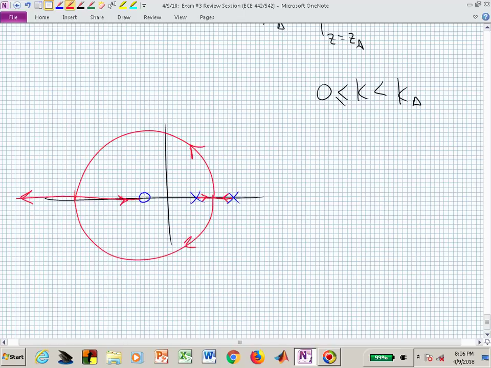You can answer that. If I crank up K enough, even if my unit circle is right there, eventually I'm going to go unstable at the gain to get me to that point. Question?